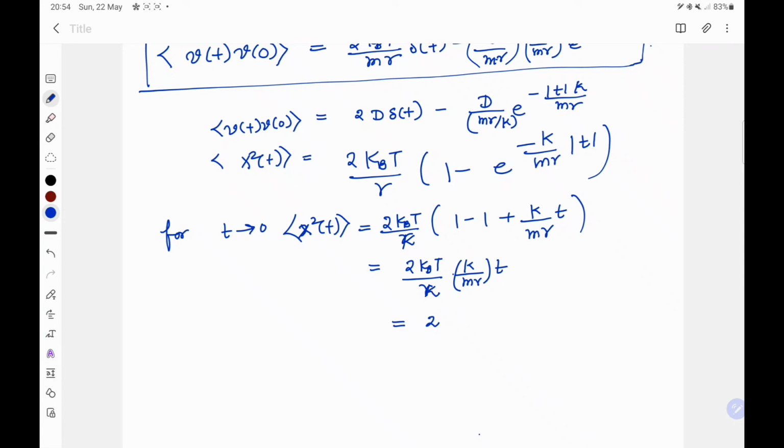So this kappa will cancel out, and 2 kB T over m gamma t for x square t. This is nothing but the same diffusion relation. So for very short time the particles are actually diffusing. The diffusion process is dominating.